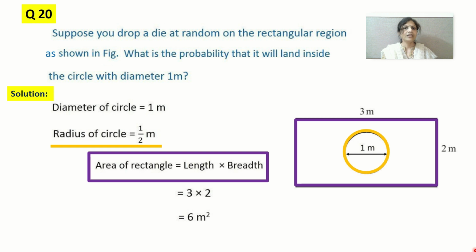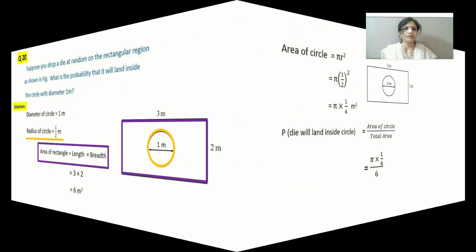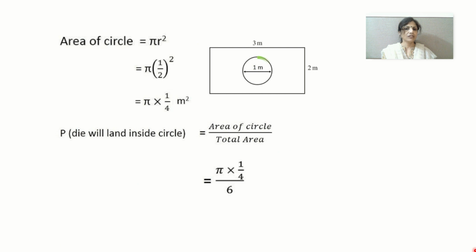Now let's find the area of the circle. Area of the circle inside the rectangle is equal to pi r square. Substitute the values. Pi into radius is 1 by 2, so 1 by 2 the whole square. So your answer is pi into 1 upon 4 meters square.